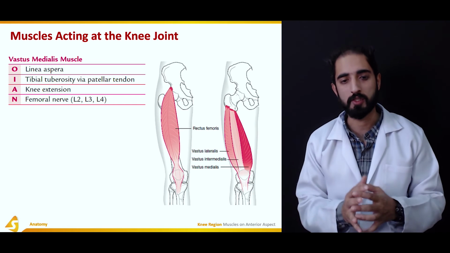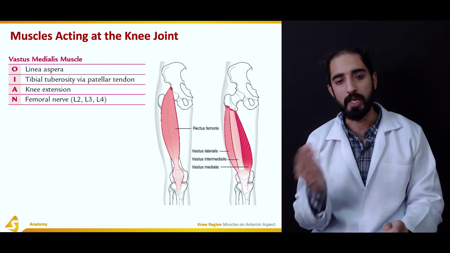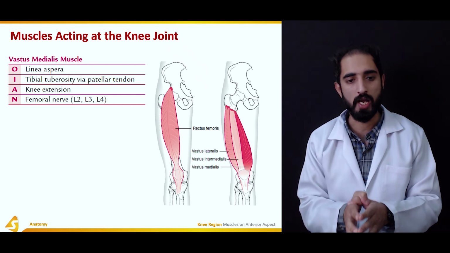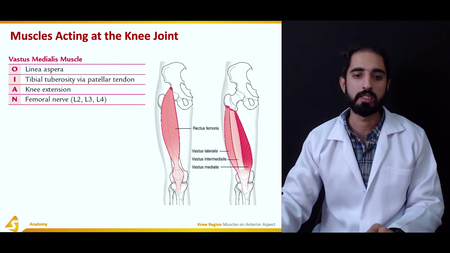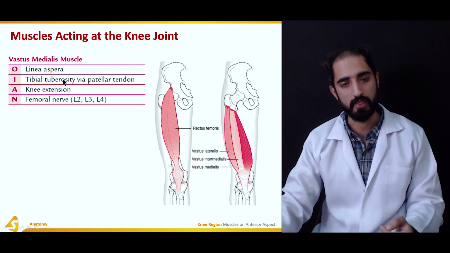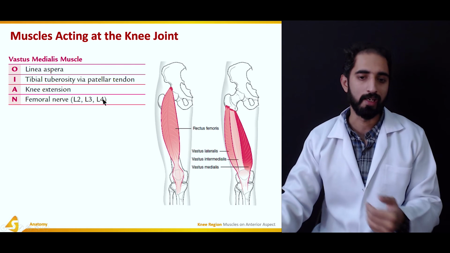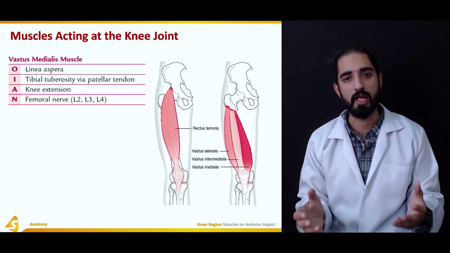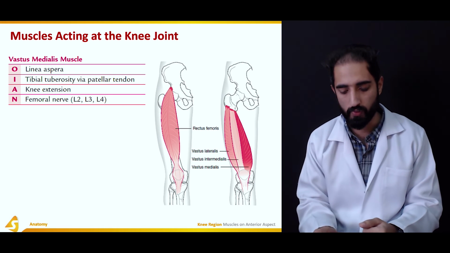Moving on, we have the vastus medialis muscle, which is located to the medial aspect of the rectus femoris. The origin is linea aspera, and it inserts into the tibial tuberosity via the patellar tendon. The function is once again knee extension, and the nerve supply is the femoral nerve, once again L2, L3, and L4 nerve roots.